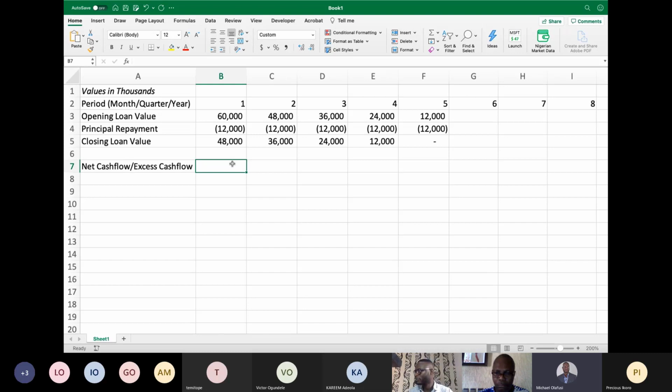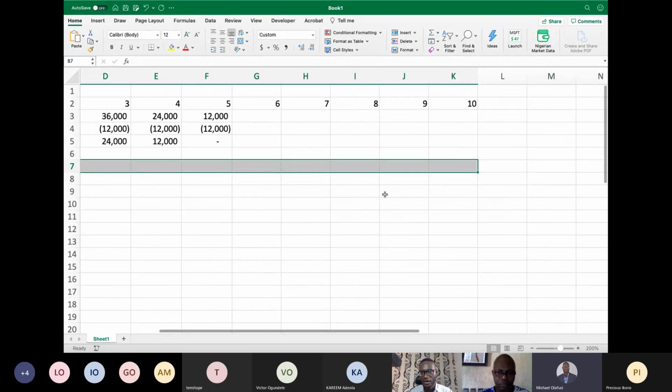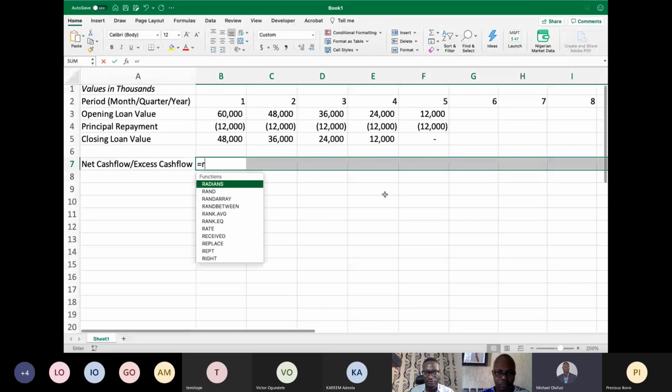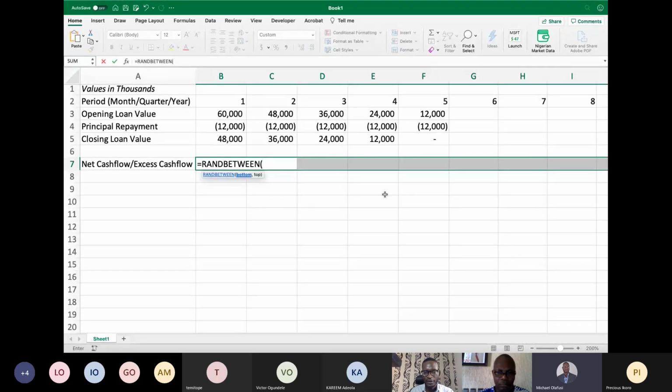So I'm just going to plug in some figures. To save myself stress, I'm just going to use a formula, RANDBETWEEN. What values would make sense? If we are servicing a loan, let's use round figures, so between 2 and 30.